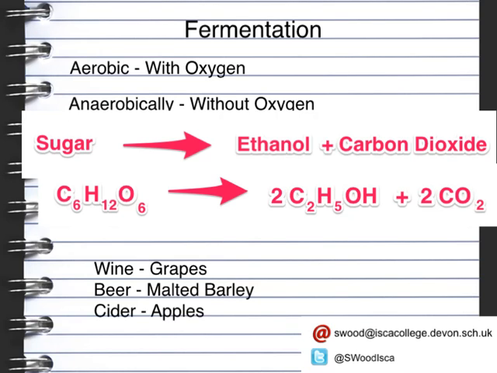Obviously wine is made from grapes, beer is made from malted barley, and then you have apples that are used to produce cider. With some of these ciders and wines especially, the carbon dioxide that's produced is often left in there to make the drinks fizzy. Otherwise, the carbon dioxide is allowed to escape.